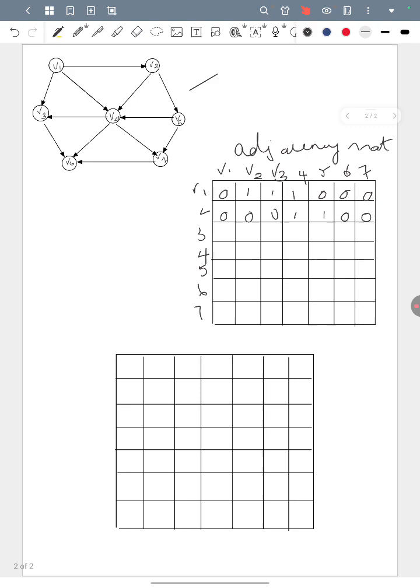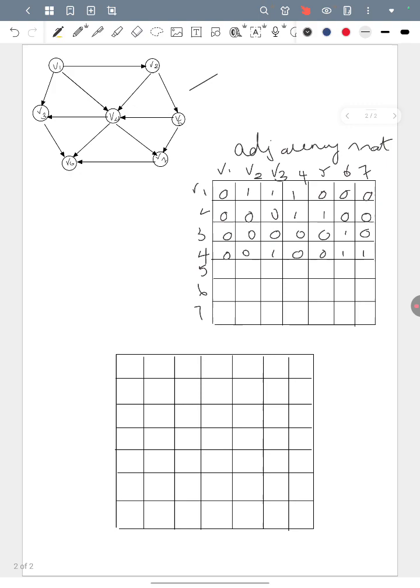And from V3 we have a path only to V6. Remaining all we have to mark as 0. From V4 we have paths to V3, V6 and V7. Remaining all we have to mark as 0.